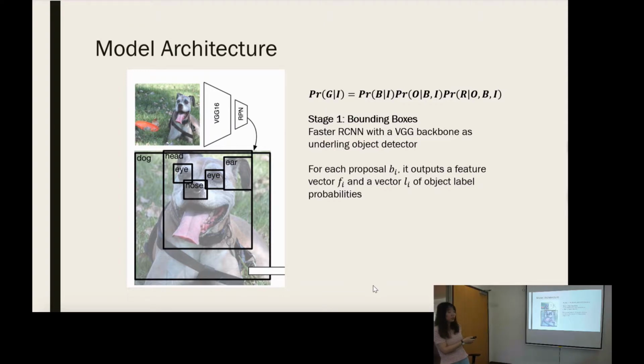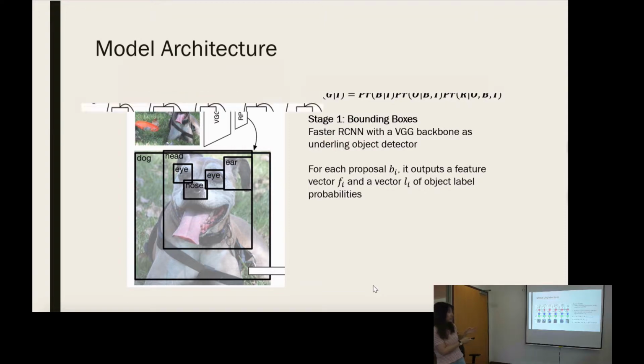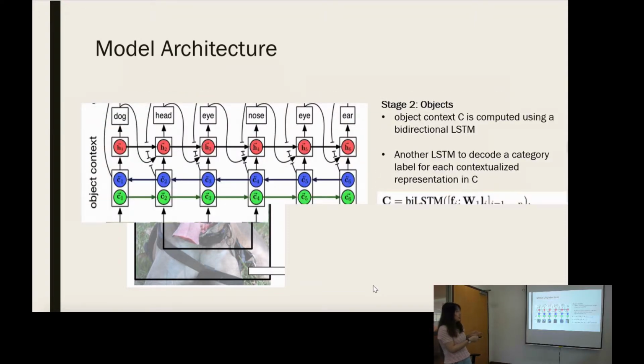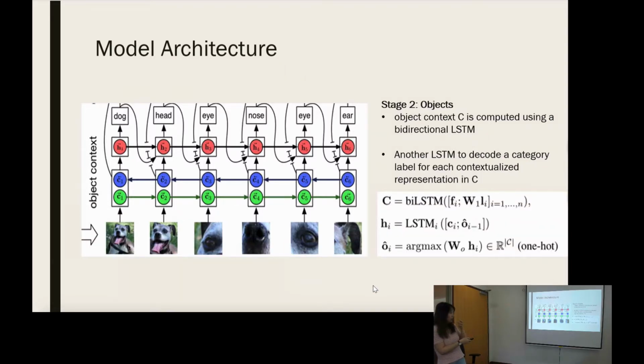We have the feature vector F within each bounding box, and we have a predictor vector to give the potential class of this bounding box. But this only contains local information. It's not considering the whole global image. Then all the bounding boxes are linearized, then sent into the second part, which is the object context. They also use different ways to organize the order in which the bounding boxes are sent into the next stage, the object context.